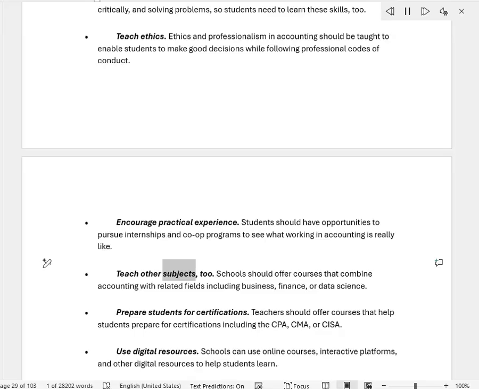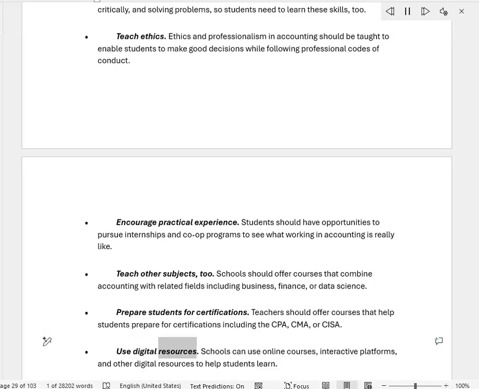Teach other subjects, too. Schools should offer courses that combine accounting with related fields including business, finance, or data science. Prepare students for certifications. Teachers should offer courses that help students prepare for certifications including the CPA, CMA, or CISA.